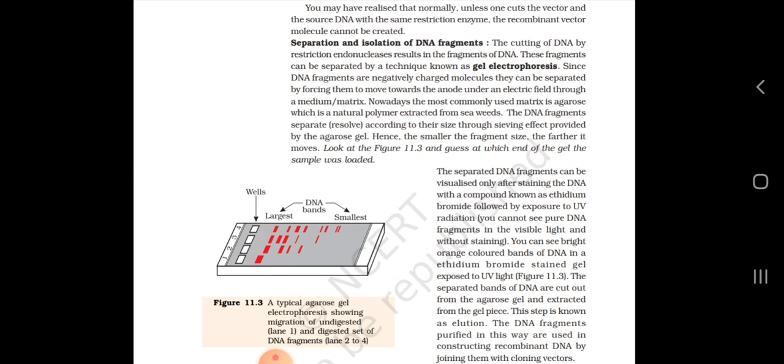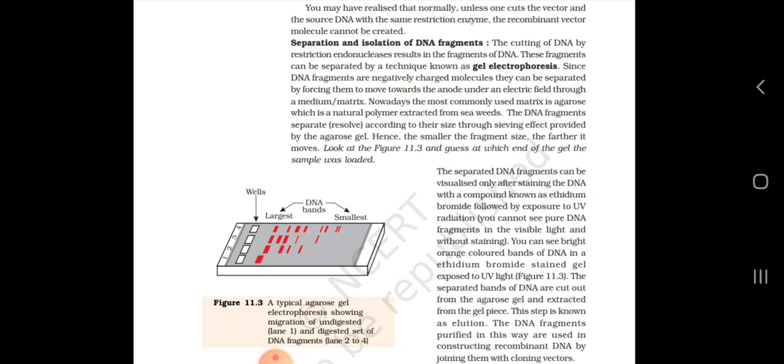That means we need to isolate or take out the desired gene. Unless we do it, we can't insert it in the foreign DNA and multiply it inside the foreign DNA, right? So for the separation and isolation of the DNA fragments, we use the process of gel electrophoresis.